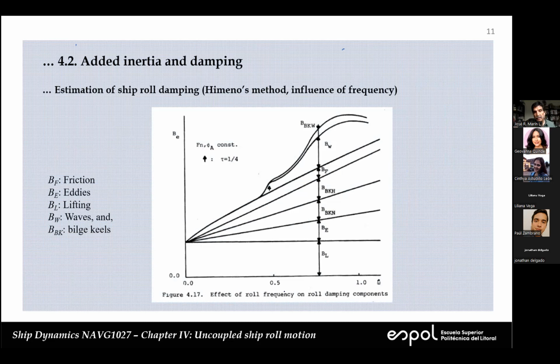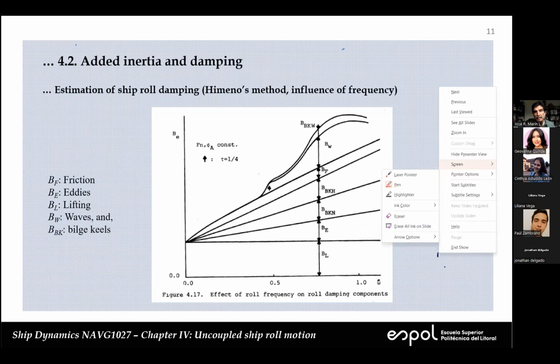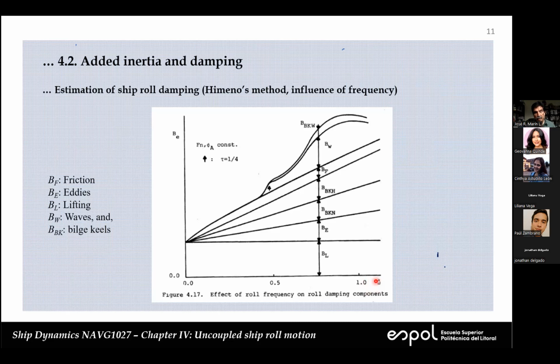Here we have frequency, but this is non-dimensional frequency. Remember when you calculated the A33 and B33, they were in non-dimensional frequency. In this case, it's similar to that. But anyway, it depends on the frequency.